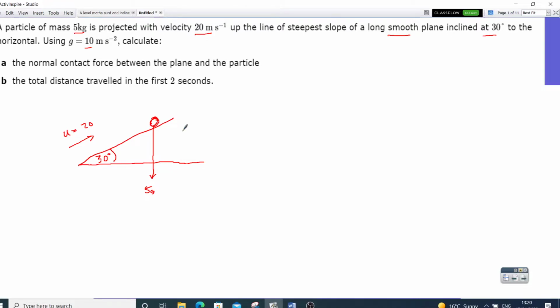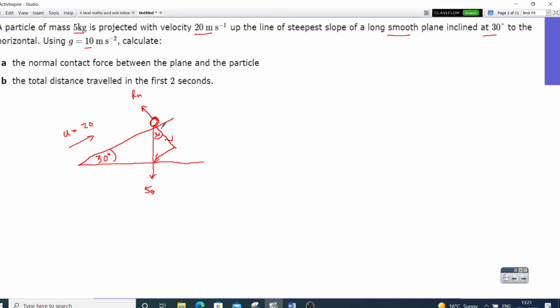Now, talking about the gravitational pull, let's have a look at this. Because it's a slope, we treat this incline as the plane, and then this will be the horizontal plane and this will be running perpendicular to it. So that will be the Rn, contact force, and this angle is 30, so this will be 30 here.